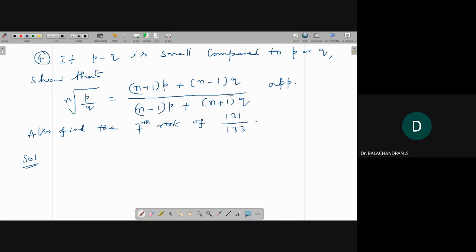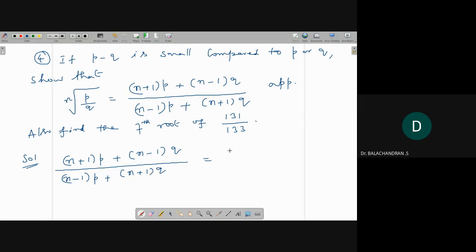I took the right hand side. What is the right hand side? (n plus 1) into P plus (n minus 1) into Q, divided by (n minus 1) into P plus (n plus 1) into Q.